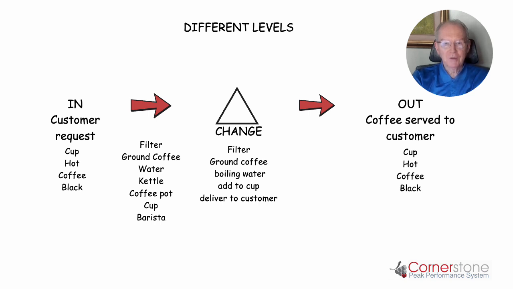Now the changes that take place is that you've got to put ground coffee, a certain amount, into the filter, and then you've got to pour boiling water through the coffee grounds in the filter into a pot, and then you're going to add it to a cup and then deliver it to the customer. And then the results out are that coffee is served to the customer, and they got what they wanted, which was a cup of hot coffee black.